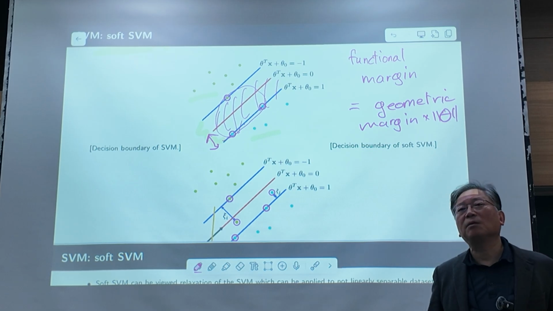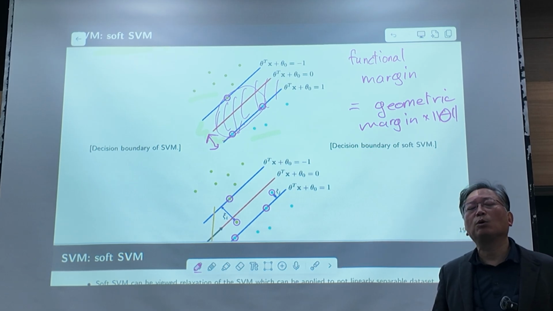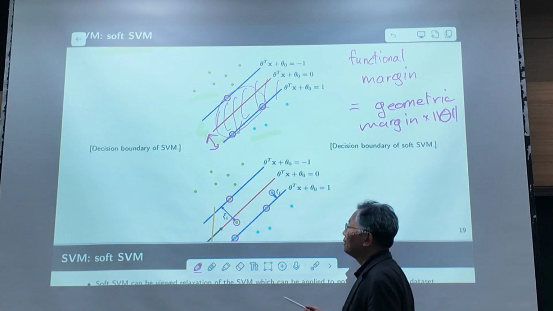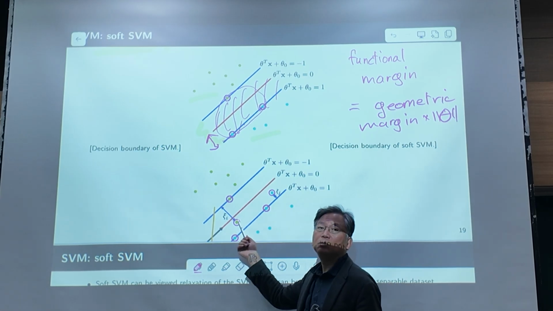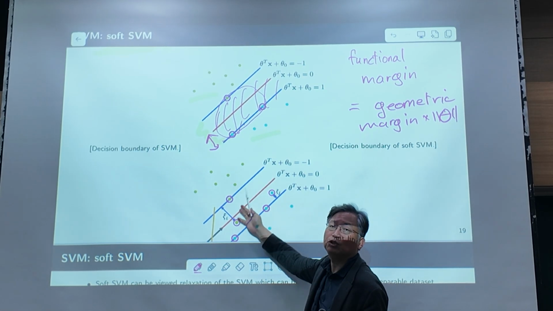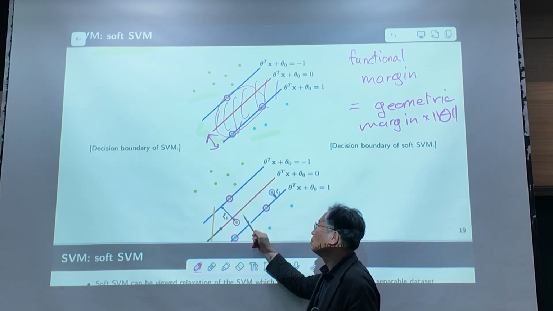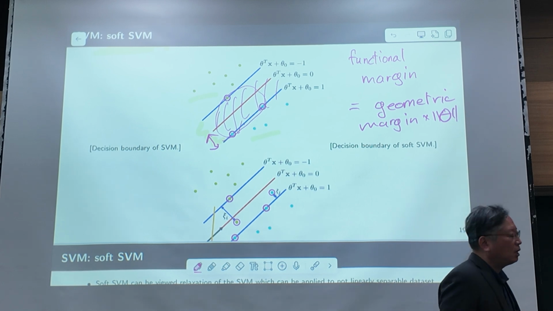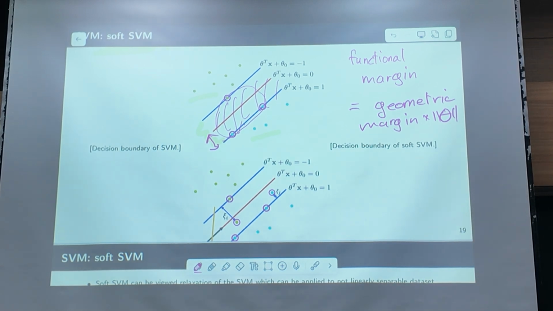In soft SVM, we're going to relax that condition. And we're going to allow data to be within this region. Okay? And I'm going to introduce a variable called the slack variable.